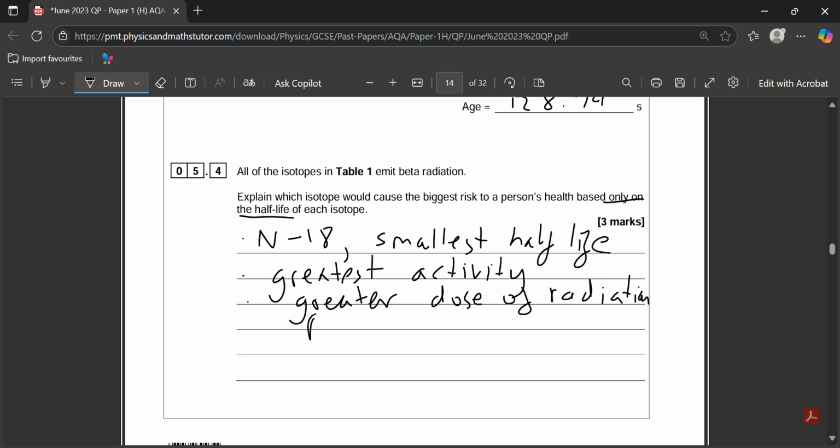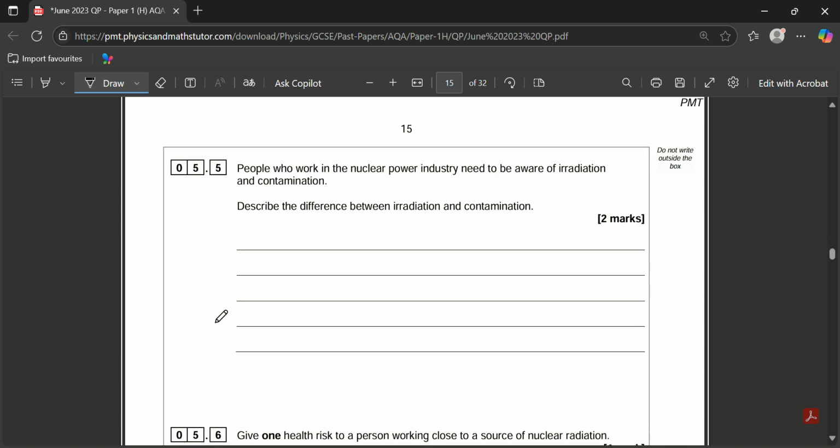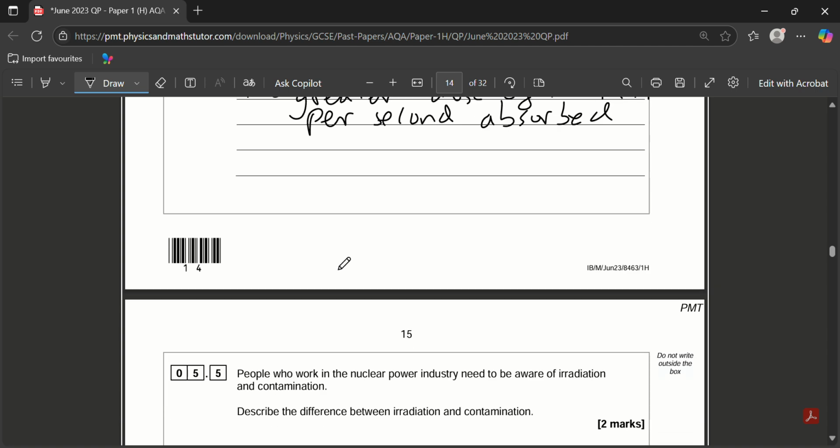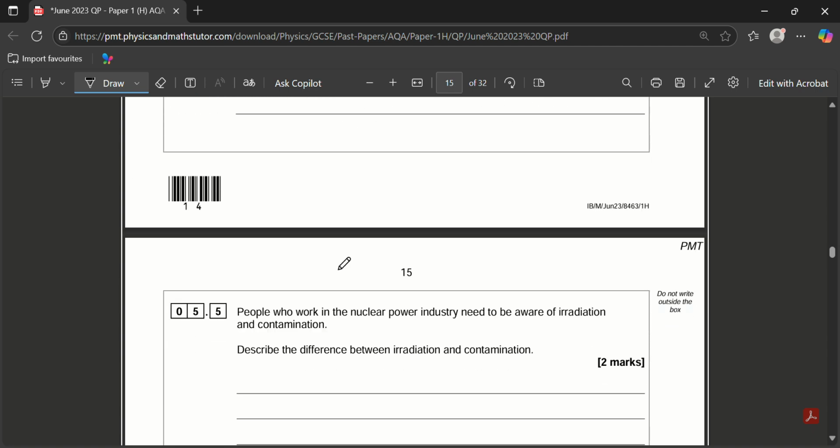Greater dose of radiation per second absorbed by the person. It is a risk to the person's health because the radiation is very easily absorbed. It is beta radiation, so it has very mild ionizing power in the mid-range. That's more than enough to get inside your body.